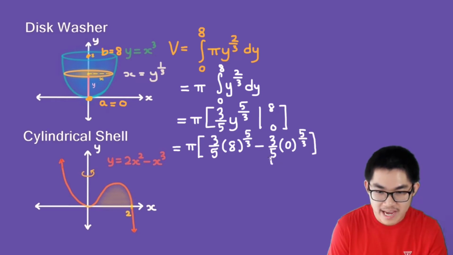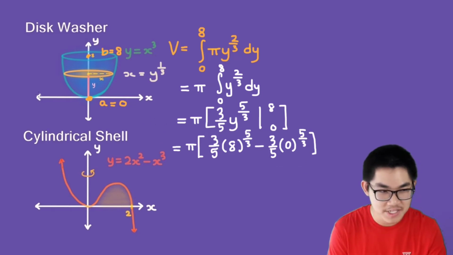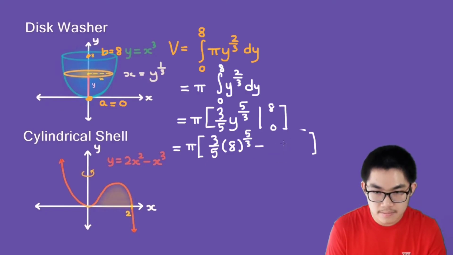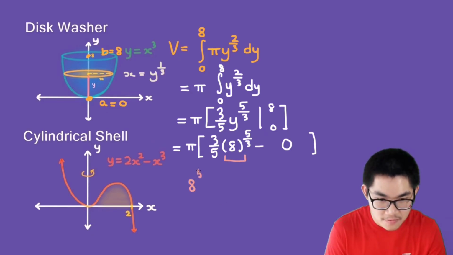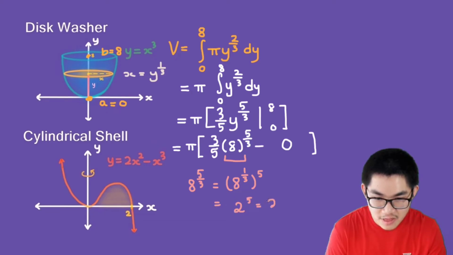So we know right away this right here is going to be 0. Now, what is 8 to the power of 5 over 3? Well, 8 to the power of 5 over 3 is the same as 8 to the power of 1 over 3, to the power of 5, which is the same as 2 to the power of 5, which is just 32.